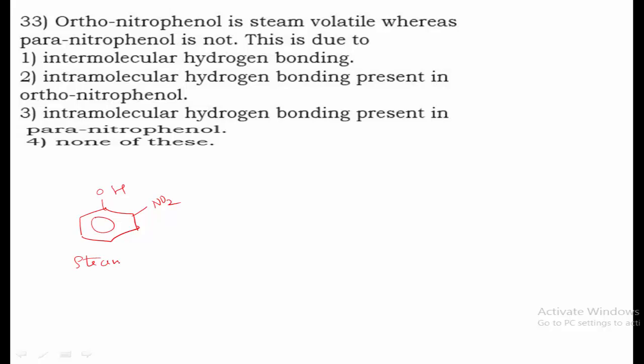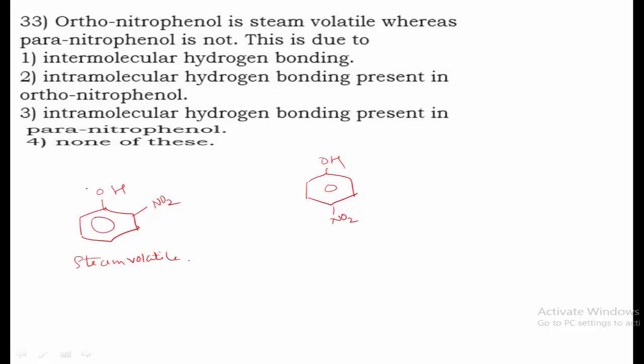Okay, steam volatile means upon simply heating it will get volatile, it will get evaporated. But paranitrophenol is not. So paranitrophenol, how you will represent? OH, and at para position you will find the nitro group. So orthonitrophenol is steam volatile, whereas paranitrophenol is not.